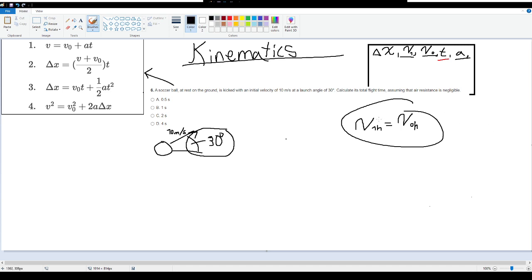So how do we actually know the value of V1V and V0V? Well, oh, sorry, there's a negative sign missing here. Well, we know the velocity of the ball kicked at an angle is 10 meters per second. We have our angle like this, 30 degrees. And I'm going to go ahead and draw a little triangle like this.